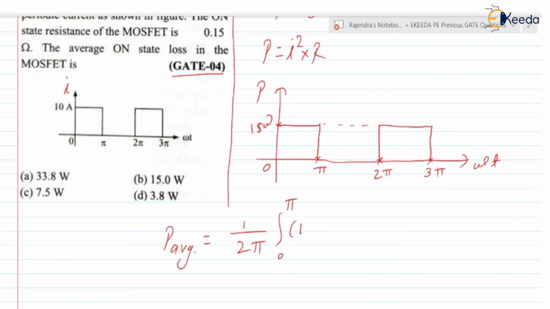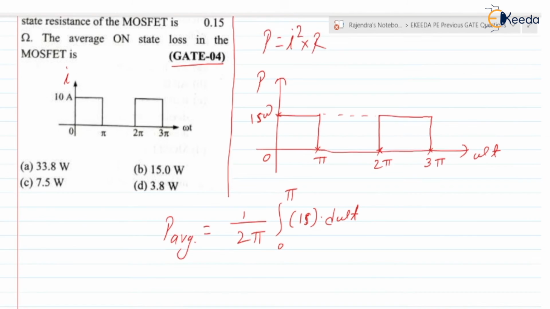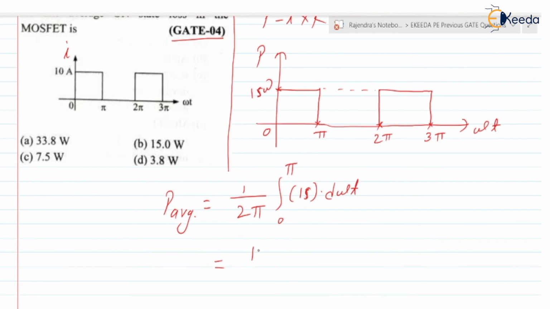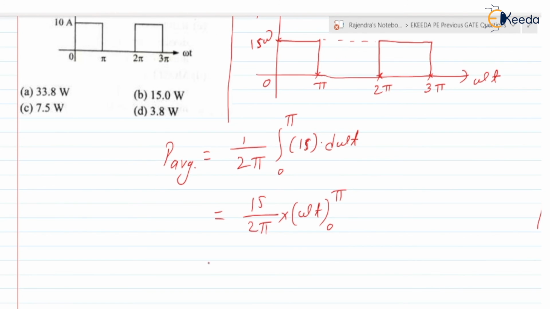The power is 15 watt into d omega t. Taking 15 outside, it is 15 by 2 pi into omega t, limit 0 to pi. If we put the limit, we can write it as 15 upon 2 pi into pi minus 0, that is pi only.